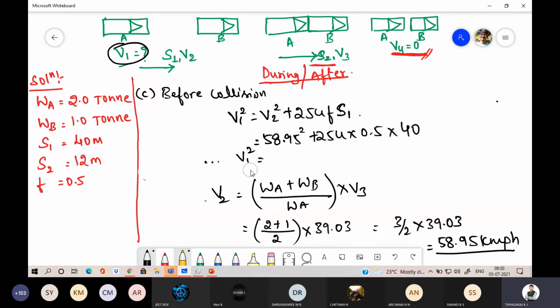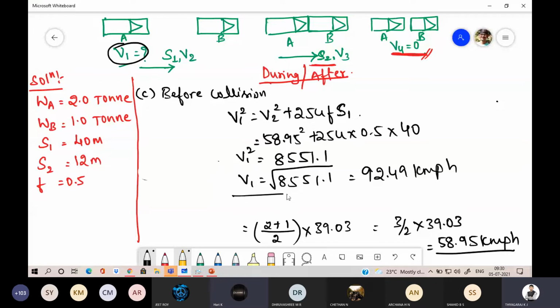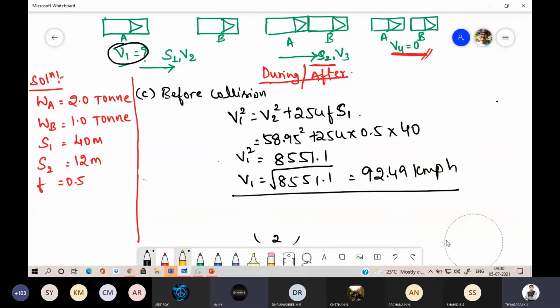Calculate the V1 square value. It is 8555.1. Now calculate V1, the square root of 8555.1. That is 92.49 kmph. So, did we get the speed?